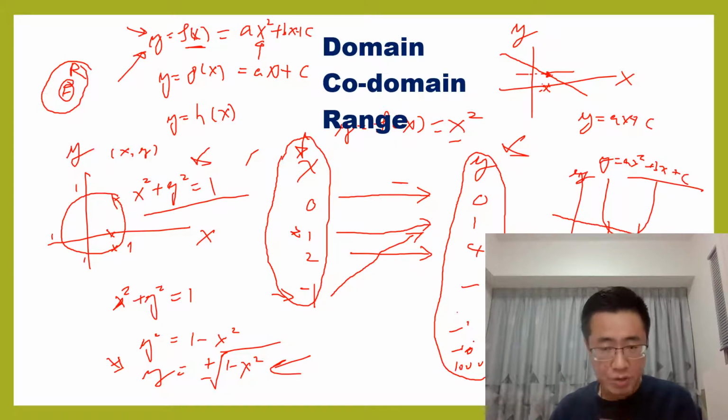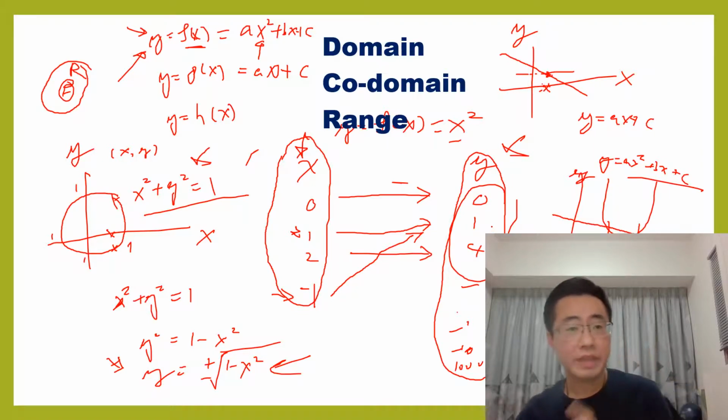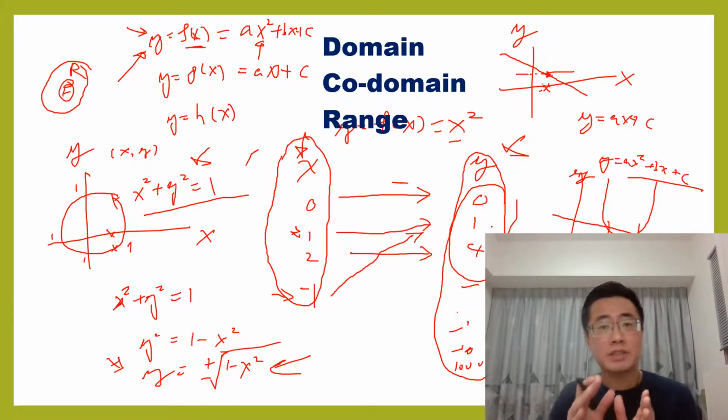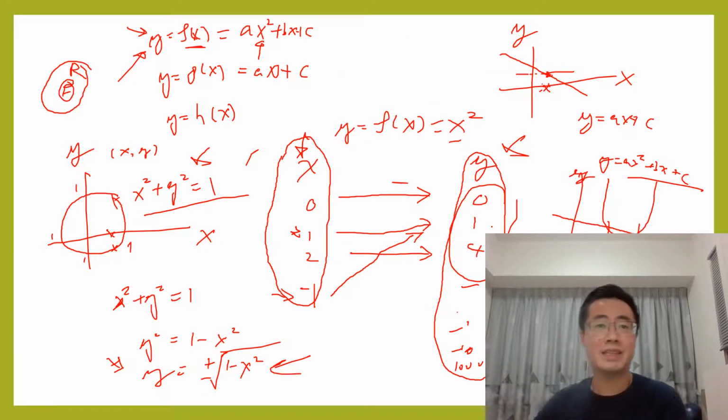The negative numbers are values under the codomain, under consideration. But the range simply refers to all the non-negative values as the output. And please note that the codomain may not be equal to the range, as we explained earlier.